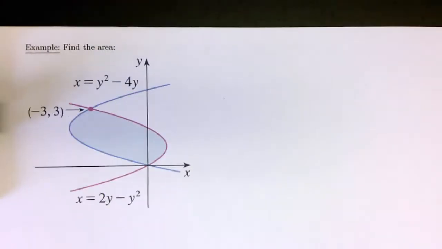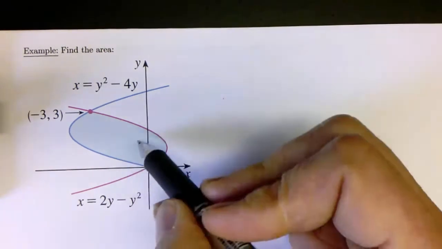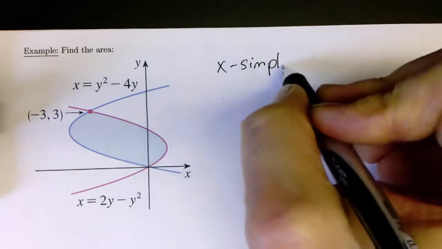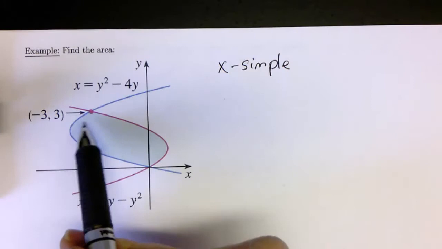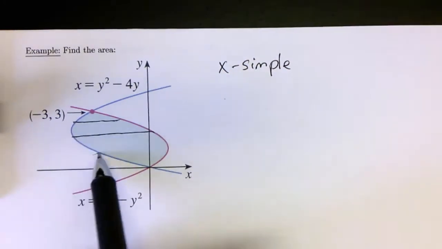All right, this problem looks a little different, but it's exactly what we were doing before. It's just turned sideways. This region is sometimes called an x-simple region because it's easiest to slice up this region, if you're thinking of approximating rectangles, by going from left to right.